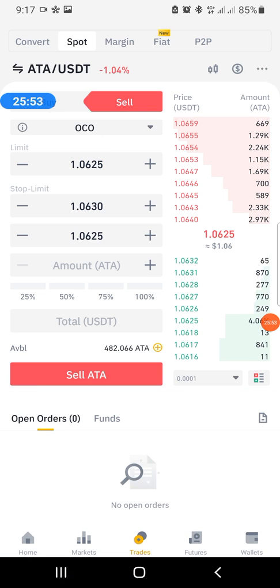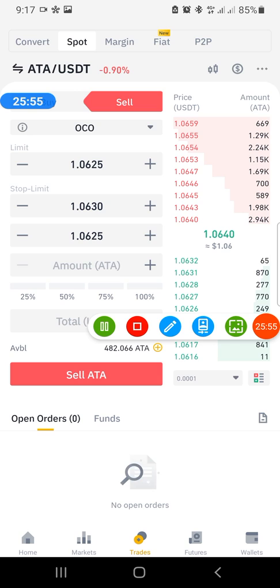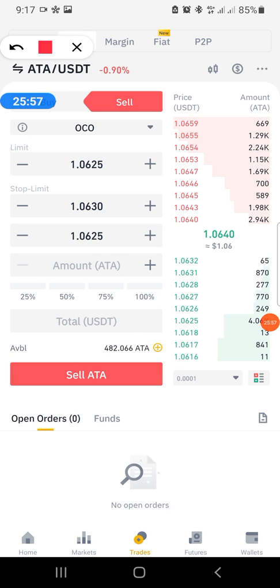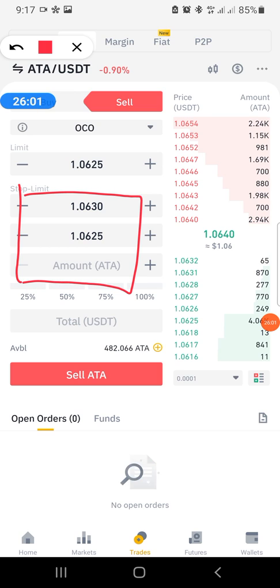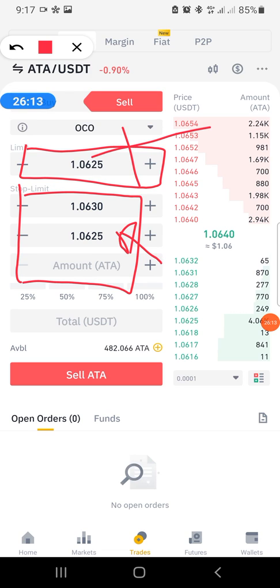What this order basically means is, remember that this is one type of market order, and this other one is another different type of market order. If this one is triggered first, they will automatically cancel this trade.